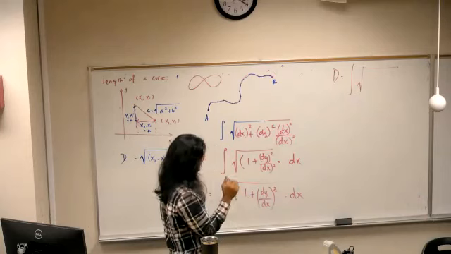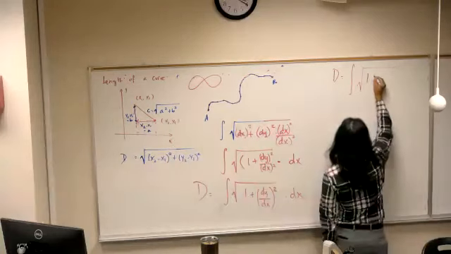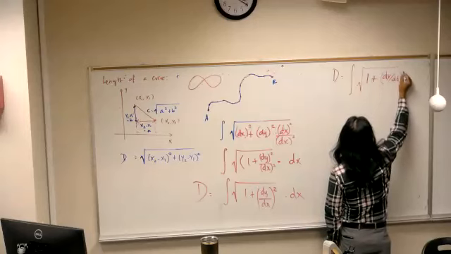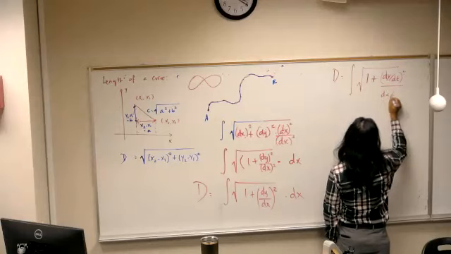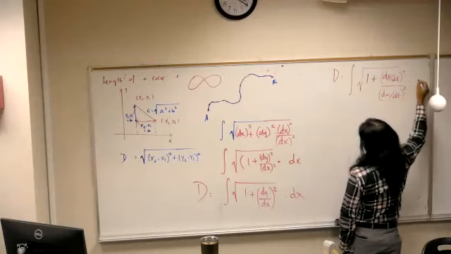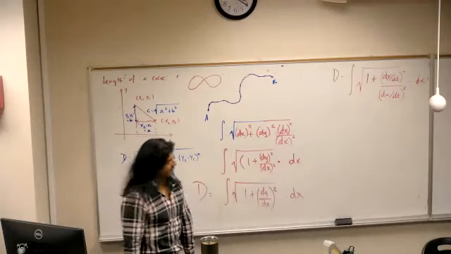I think you end up with dy over dt over dx over dt. Very good. So dy over dt squared over dx over dt squared times dx. Good.